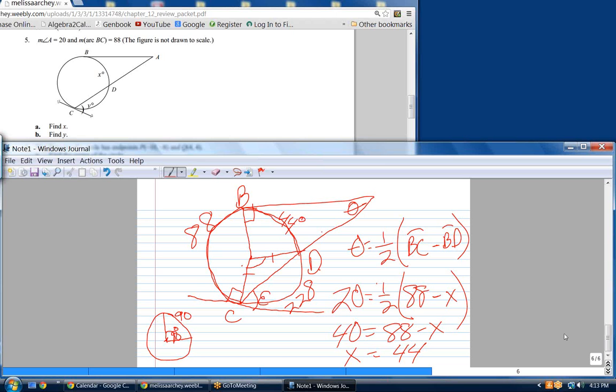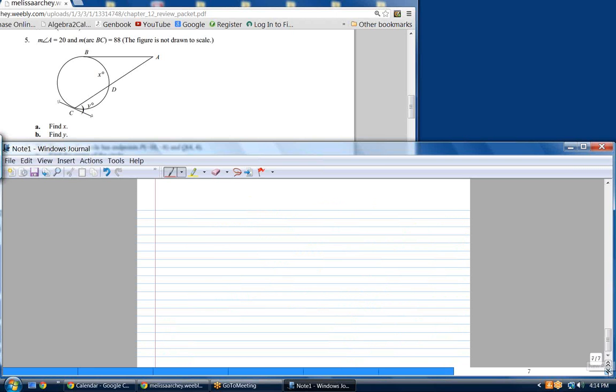In other words, if I have the following situation, and I have a tangent line, and then I have a chord line, well, this angle right here, angle Y, has to be this arc, the outside arc that was intercepted, minus the inside arc, and there is no inside arc.